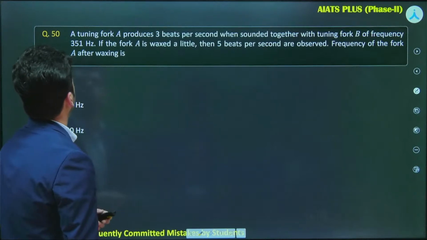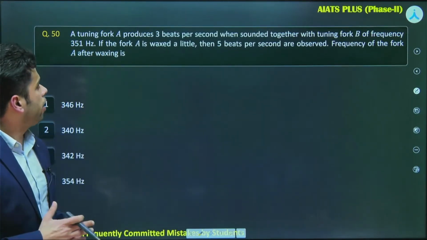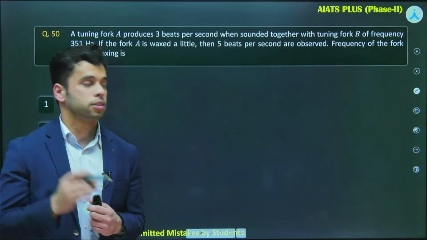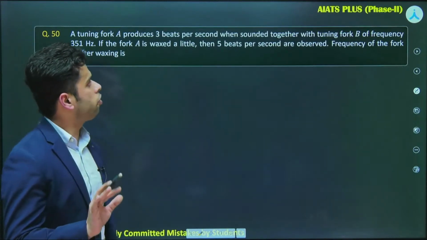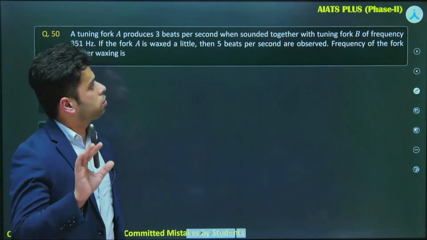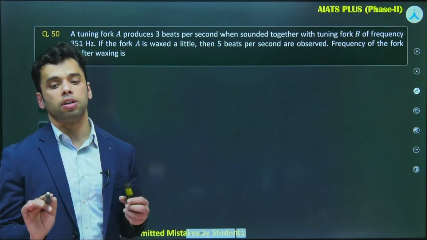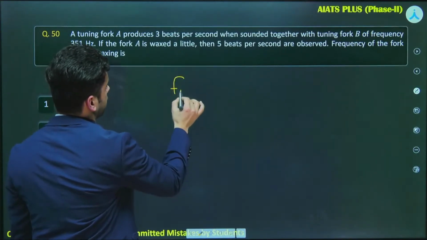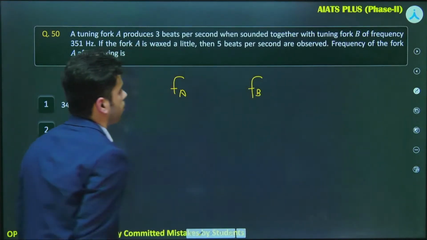And there you go, another problem from the chapter of waves, and it is more or less based on the topic of beats. It says that a tuning fork A produces 3 beats per second when sounded together with a tuning fork B of frequency 351 Hertz. So you have a tuning fork A which has a frequency FA, you have a tuning fork B which has a frequency FB, right?